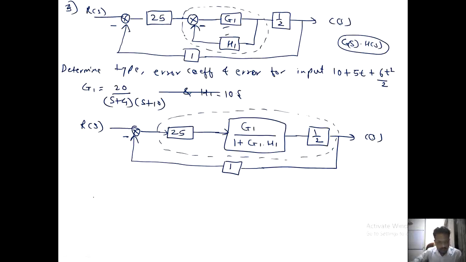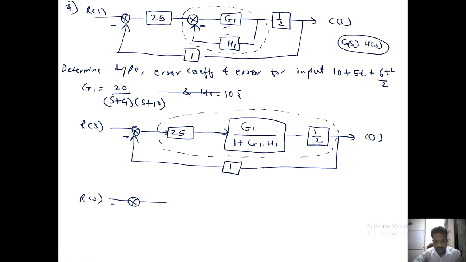Okay, so after applying series law, we'll get R of s, summing point, 25 into G1 into 1 by 2.